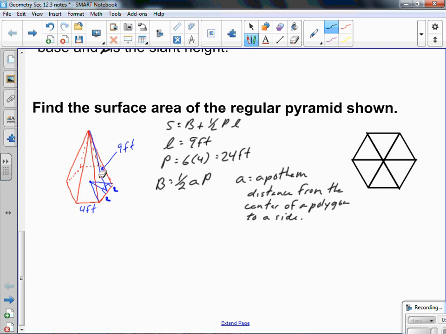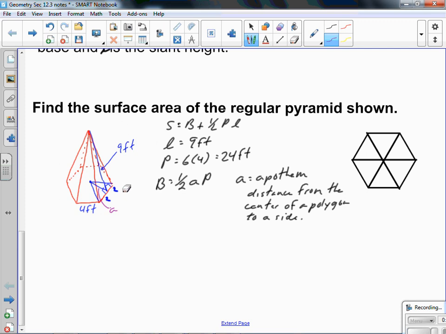So when I look at this hexagonal prism, we've got the center point here, and if we go from there to each vertex, it makes a triangle. The apothem is this line right here, going from the center to the side, intersecting it at a right angle, because the shortest distance from a point to a segment is the perpendicular distance.